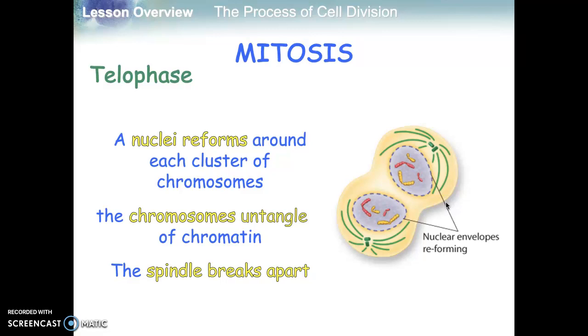The spindle fibers are going to unattach. The spindle is going to break down. Nuclei will form, or nuclear membranes will form around each cluster of chromosomes. And the cell will begin to cleave inward.